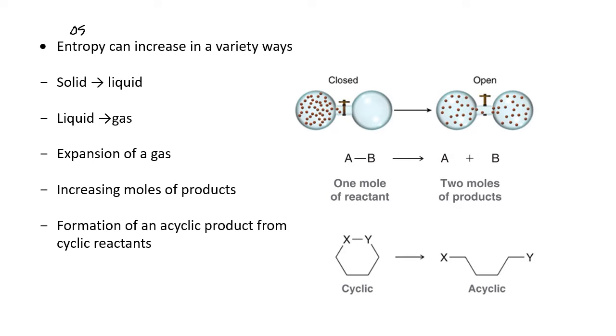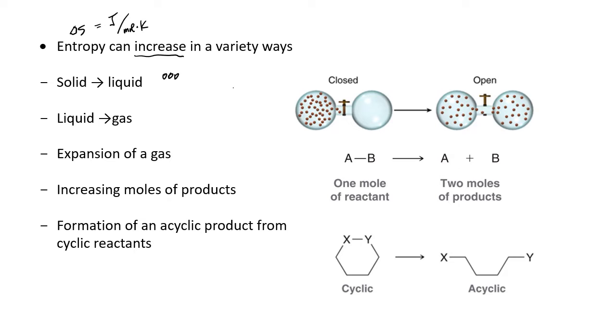can increase. And by the way, entropy is typically given in units of joules per mole Kelvin. And the ways that it can increase are going from a solid to a liquid, right? So think about that.